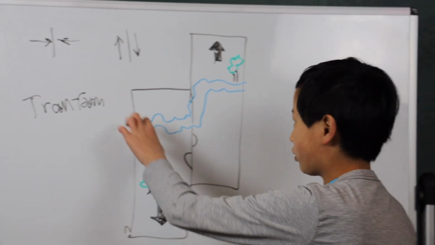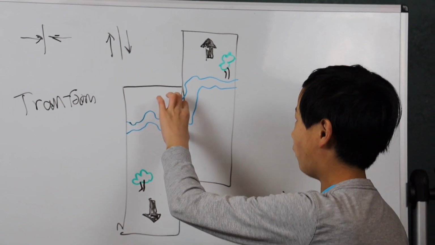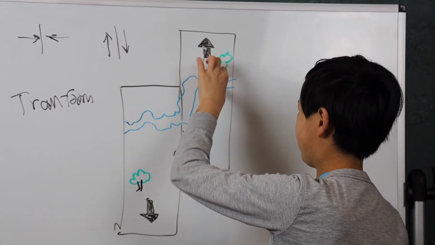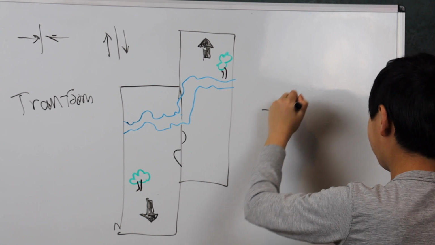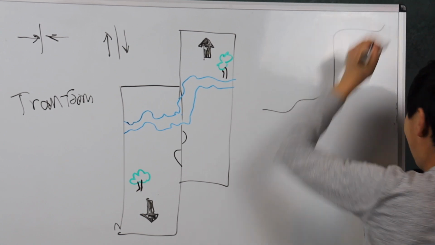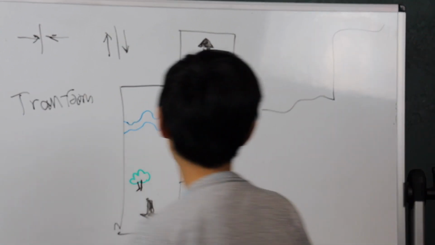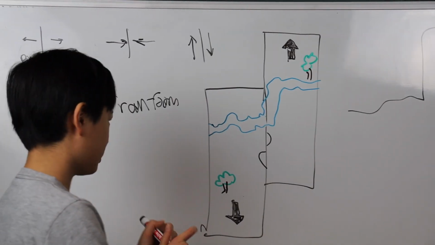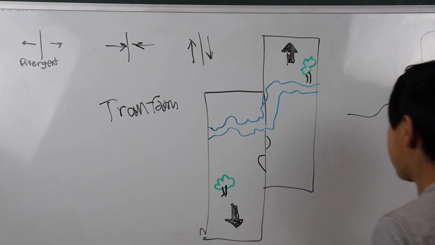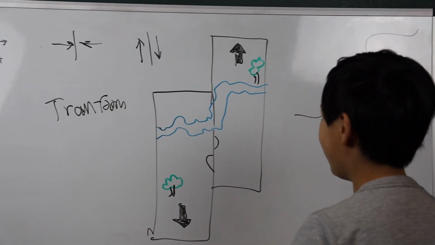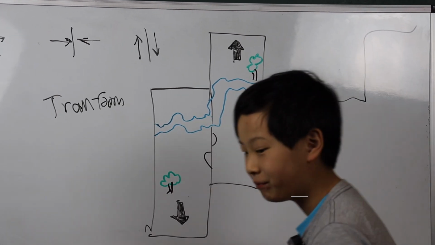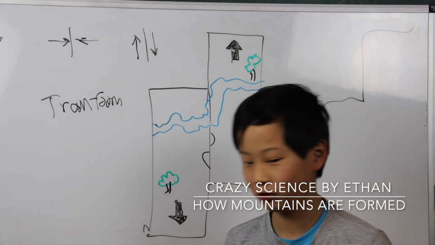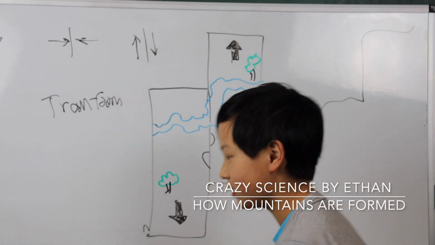A stream is just moving, and then along the fault it goes up, and then it keeps on going. It just shows how much it's moving. That's basically it for transform faults, and that wraps up our plate tectonics unit.